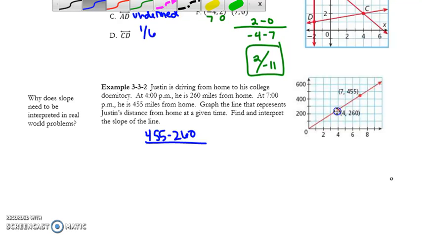And then we have our hours here, our x from 4 to 7, so 3 hours. And that is going to give us 195 for our 3 hours. And then if you are able to reduce it, go ahead and try and reduce it if possible. It looks like we get 65 miles per hour for every 1 hour. Okay?